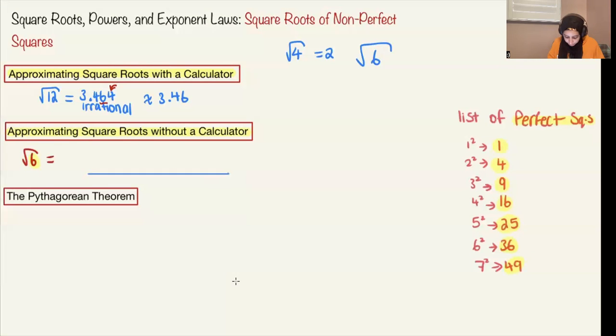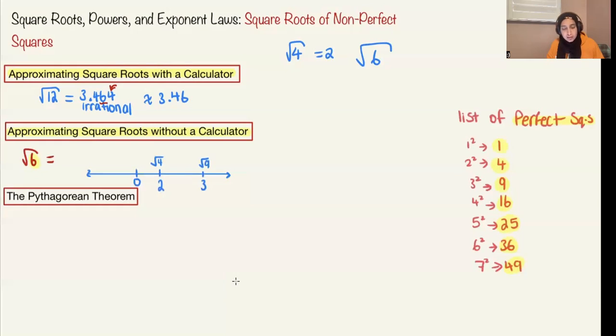Here's our number line. If this is 0, and let's even move the 0 a little bit to the side, and this over here is the square root of 4, so 2. And then the square root of, let's say, 9, so 3.